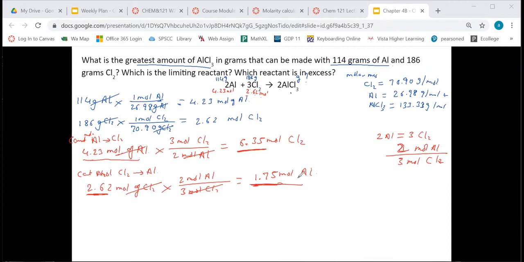Do we have that much of aluminum? Yes. We have more than that. Which one is more, aluminum or chlorine? Aluminum is more, obviously.